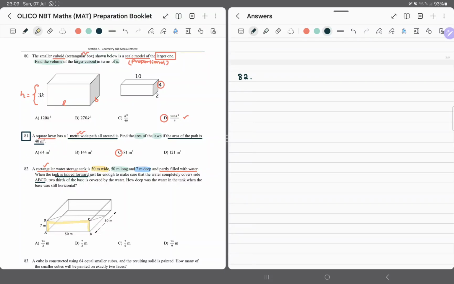It covers this area, A, B, C, D. Okay. This is what this is saying. Obviously, this is suggesting all of that pyramid is effectively water. Okay, so there is our water.